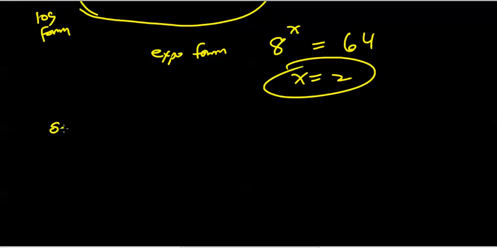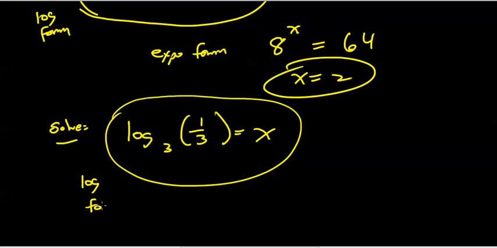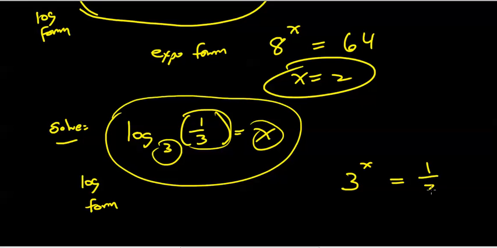Solve. The log base 3 of 1/3 equals x. Again, here the variable is on the other side of that log operation. This is in logarithmic form, so I'm saying x is the exponent we put on 3 to get 1/3.